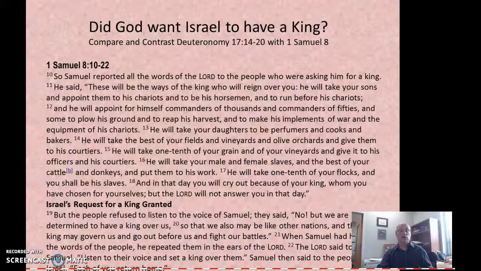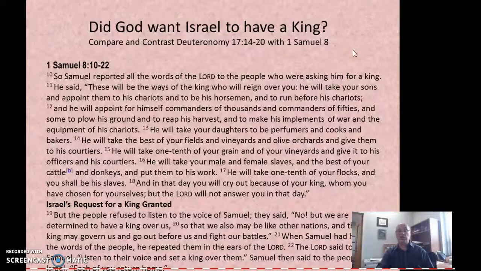The other looks like it's a bad thing for Israel to want a king, like they're rejecting God altogether. These are different perspectives, but I want you to read on that and comment on that a bit. Hopefully you'll be able to reflect on these differences and what the positive and negative things are about both having a king and not having a king as you look ahead.